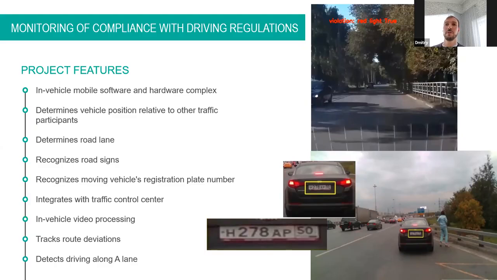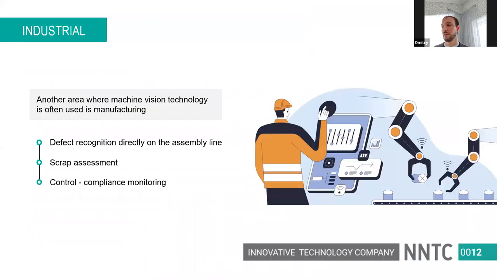The challenge is that there are a lot of types of number plates and they keep changing, so you have to constantly teach your system to recognize new types of license plates. But let's say face recognition and ANPR are quite developed areas of video analytics and image analytics.